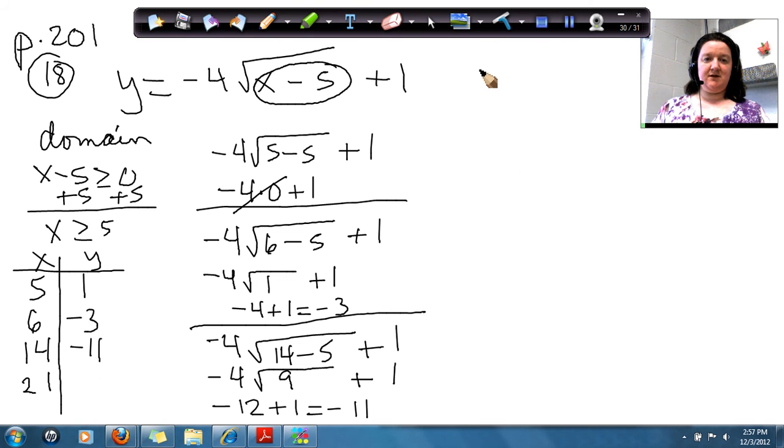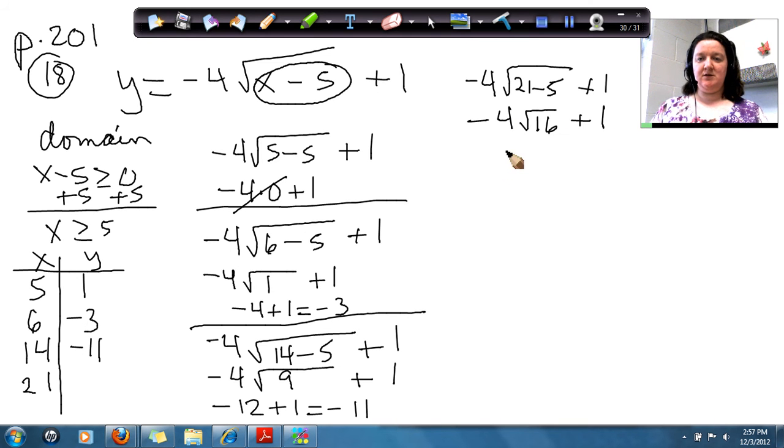And then if I did negative 4 square root of 21 minus 5, plus 1, it's going to give me negative 4 square root of 16 plus 1. So that's going to give me 4. 4 times 4 would be a negative 16, plus 1, which would give me a negative 17.